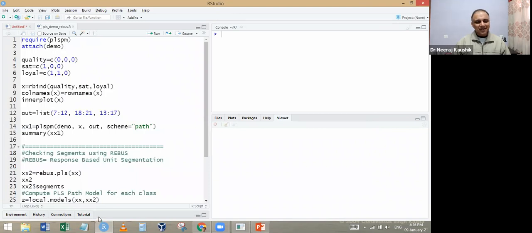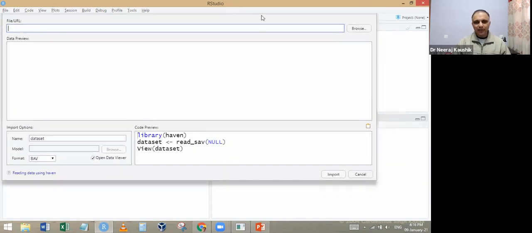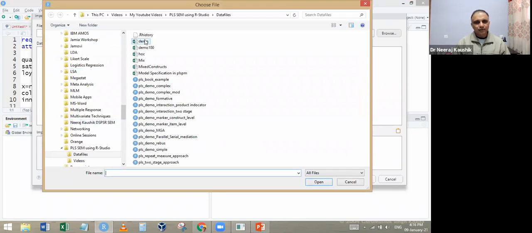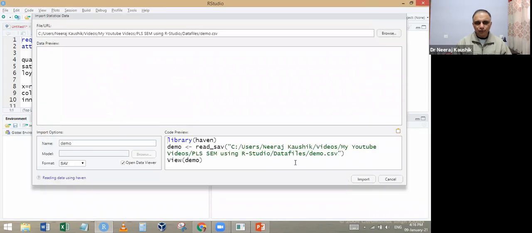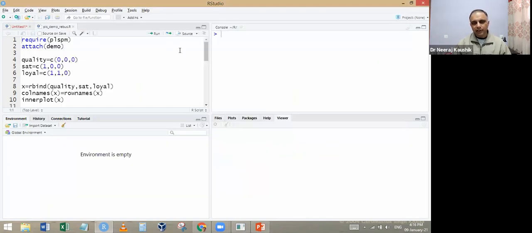So first thing is, let me import that demo file. So import from SPSS. So where is my data file available? Browse. So demo, I hope this should work. Is it valid? Okay. It's a CSV file. So let me go with read R. This is to open the first one, base, to open the text file.